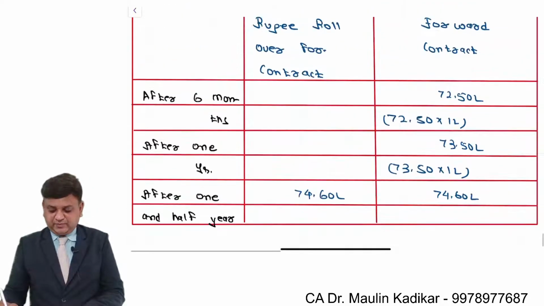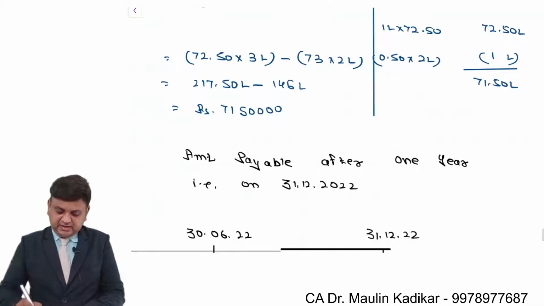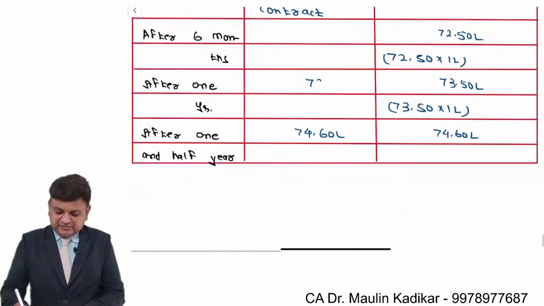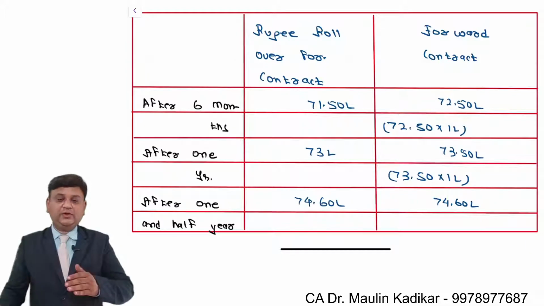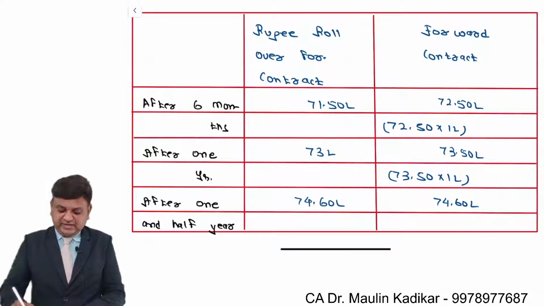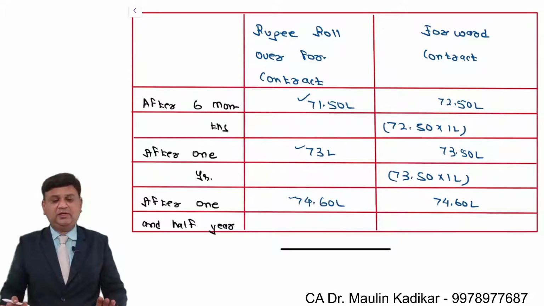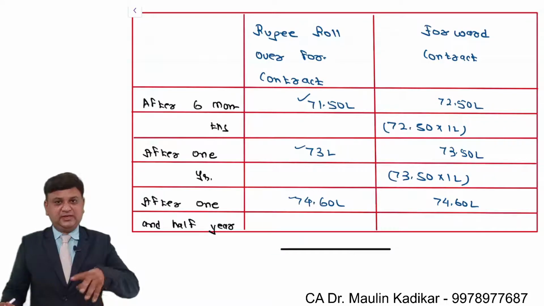Over here also 74.6 lakhs, over here 73 and 71.5, 73 lakhs and 71.5 lakhs. This is what we understand. So going for the rupee rollover forward contract, we can see that you are able to save 1 lakh, you are able to save 50,000, and over here there is no savings. But at least in the first and the second case you are able to save an amount of 1 lakh and 50,000 respectively.